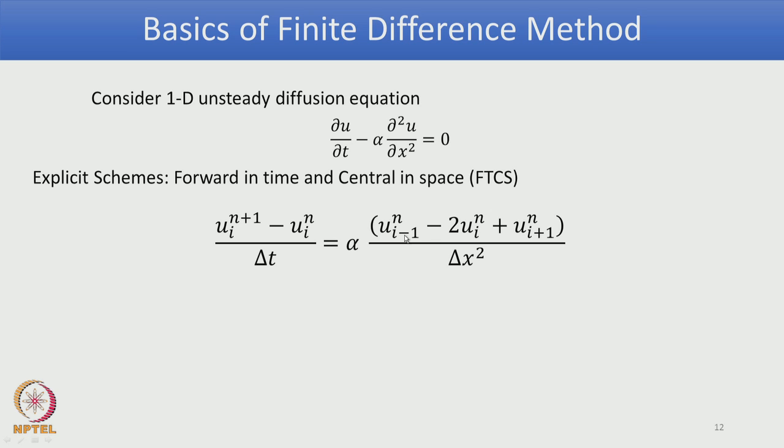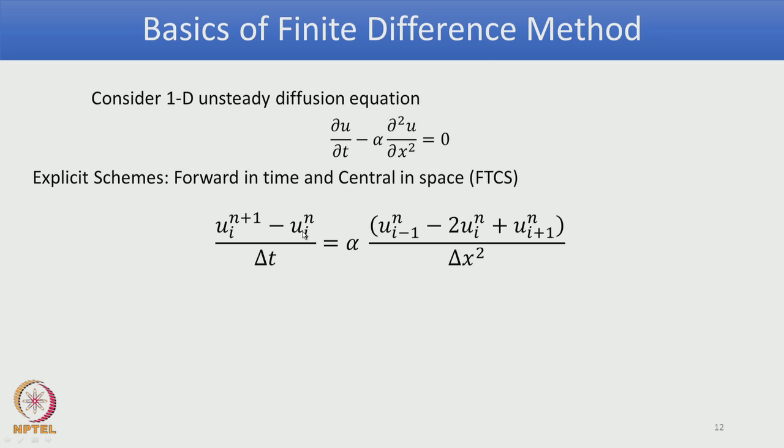Spatially, i is the point of interest, and you take values from either side: i minus 1 on the left hand side and i plus 1 on the right hand side. But all three quantities are known from the previous time level, that is why you have a superscript n appearing. So it is central in space, forward in time.